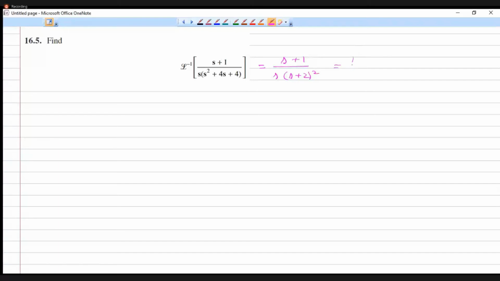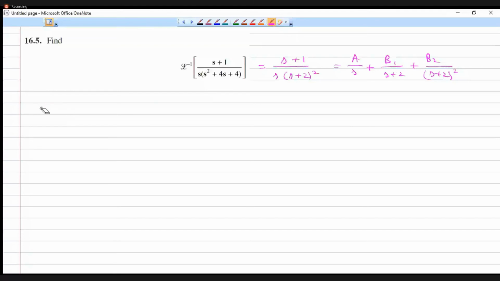So I can write this as equal to a divided by s plus b1 by (s plus 2) plus b2 by (s plus 2) the whole square. Now I can evaluate what is a.